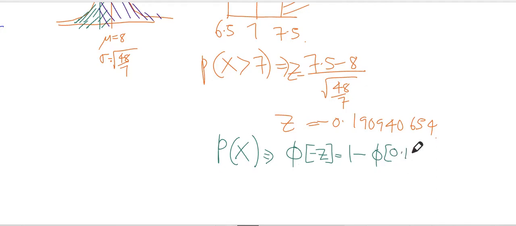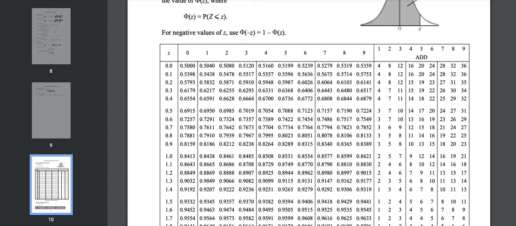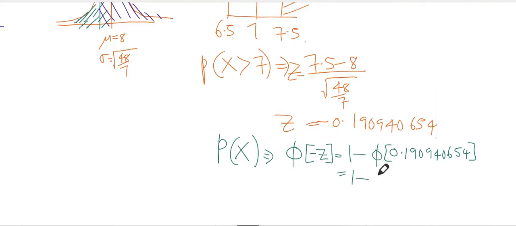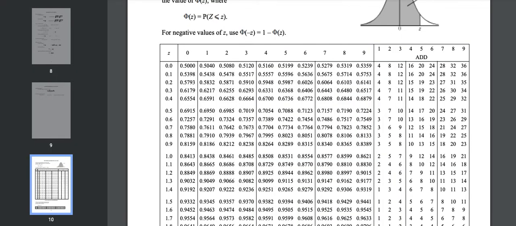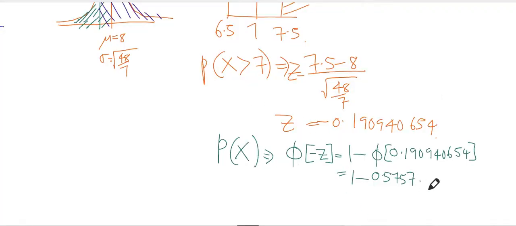For 0.191, looking at the table, I'm getting 0.5757. Since the z-score is negative, to switch it to positive, the area that I'm getting is 1 minus 0.5757, and the answer is 0.4243.